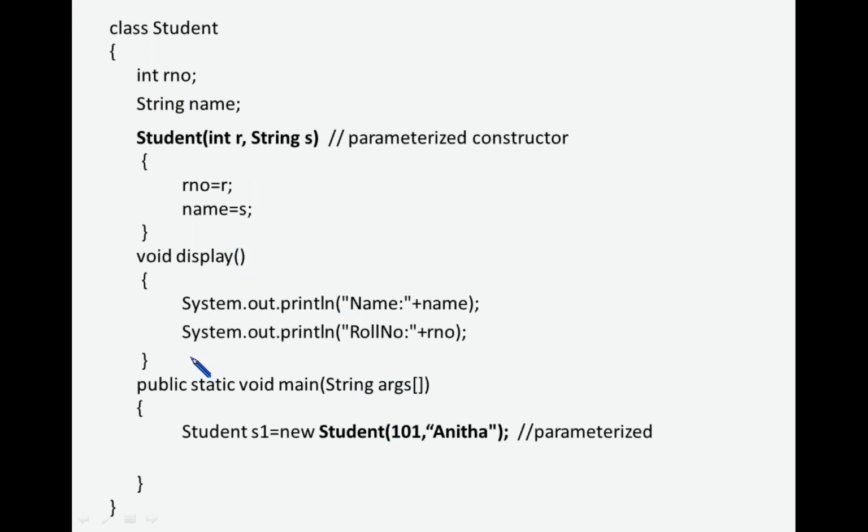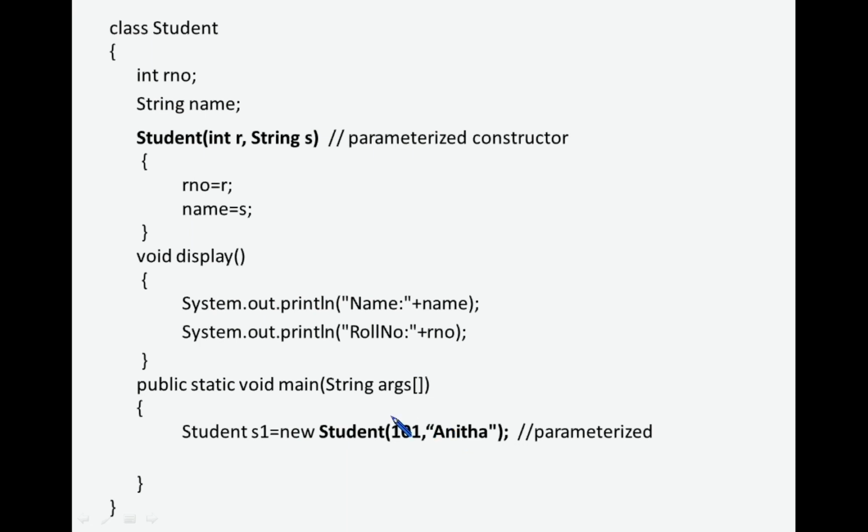So how to create an object in Java? Yes, class name followed by object name equal to new keyword, then student. For the student we are passing two parameters. So what are all the parameters? The first is RNO and second is the name.